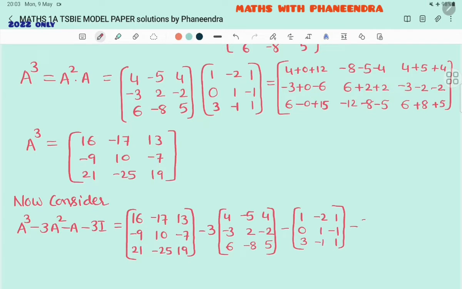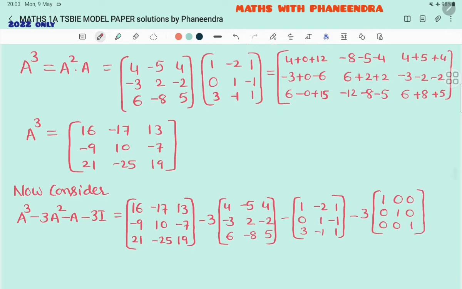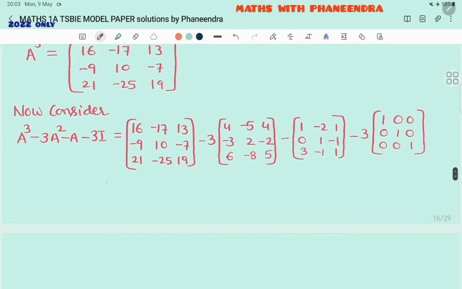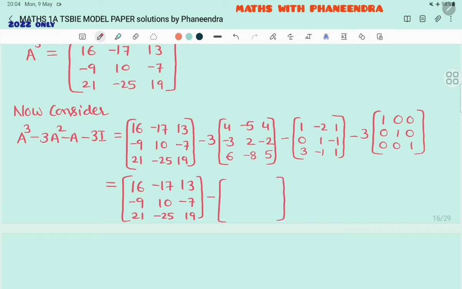Minus 3i, 3 into I means 1 0 0, 0 1 0, 0 0 1. So 16 minus 17 13, minus 9 10 minus 7, 21 minus 25 19, minus each and every term of this bracket value, that means matrix, multiplying by 3.